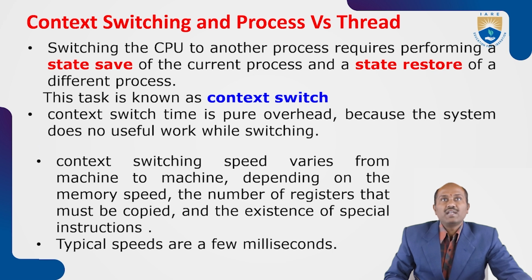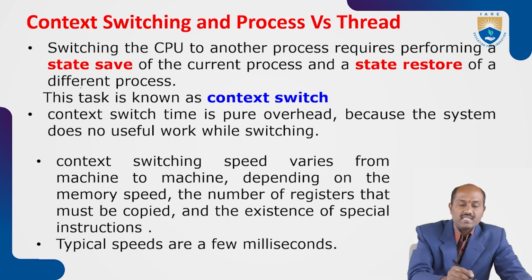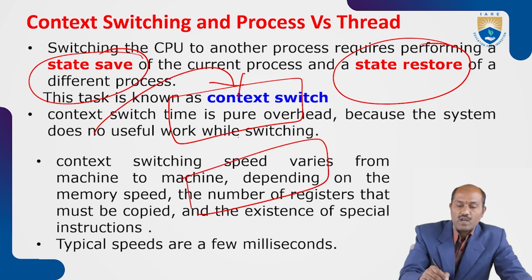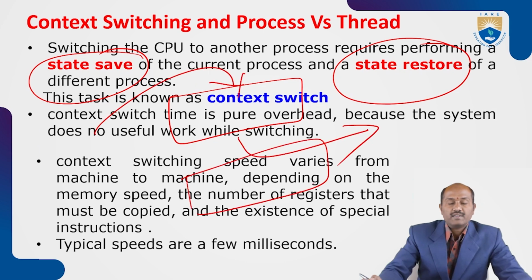Then the current process state is saved and another state is restored. There are two parts of context switching: one is state save, and the other is state restore. When there are many processes in the list, one process goes to state save and another goes to state restore.